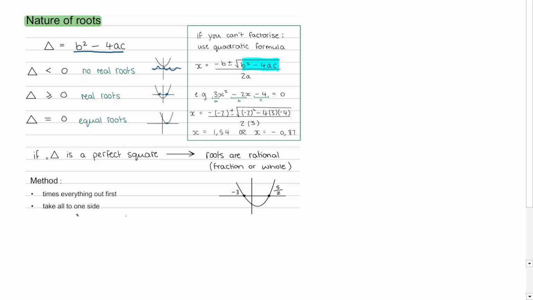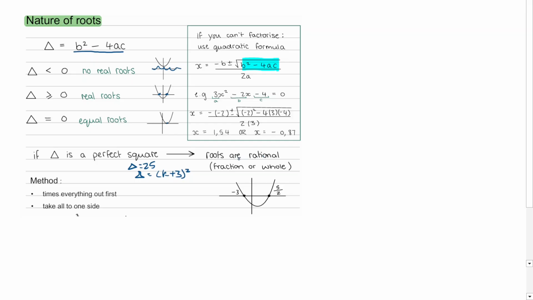And then if the roots specifically are a perfect square, so you finished a question and you got an answer like this. So if it's something squared or numbers that you recognize, 5 squared is 25. If it's a perfect square, we describe those roots as being rational.